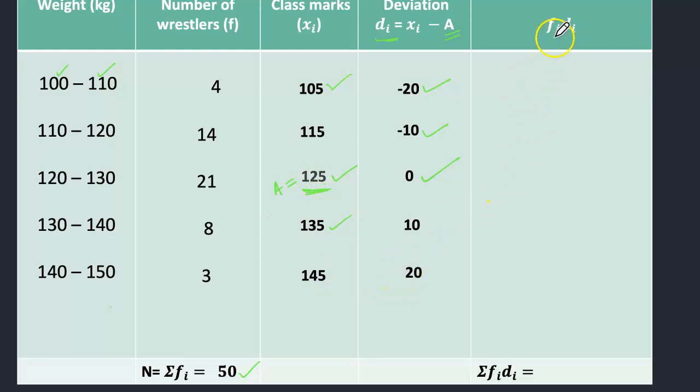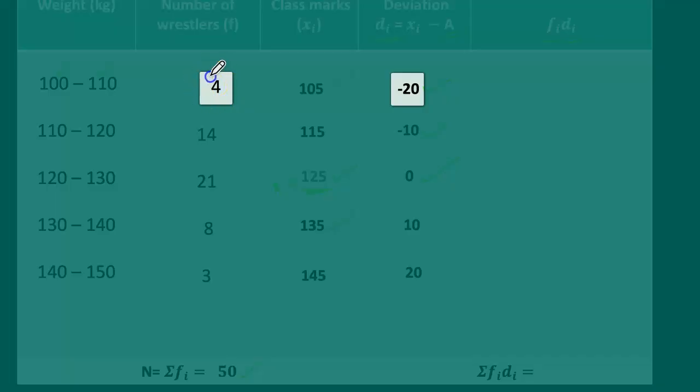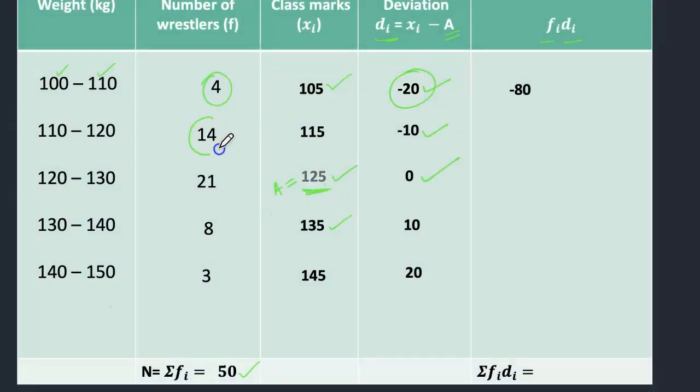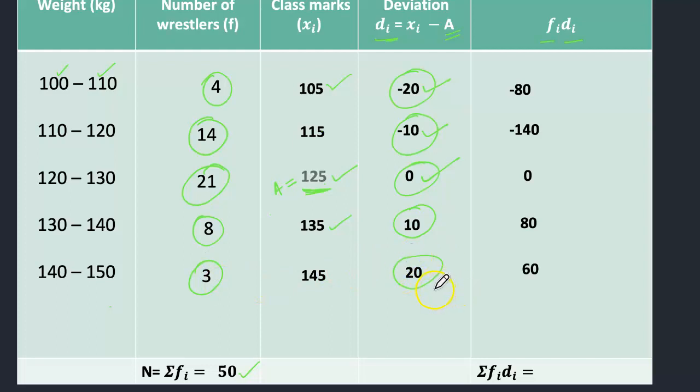Now the last column: we should multiply frequency and the deviations. So here 4 into minus 20, we get minus 80. Next, 14 into minus 10, the result is minus 140. 21 into 0, frequency into deviation is 0. 8 into 10 is 80. 3 into 20 is 60.